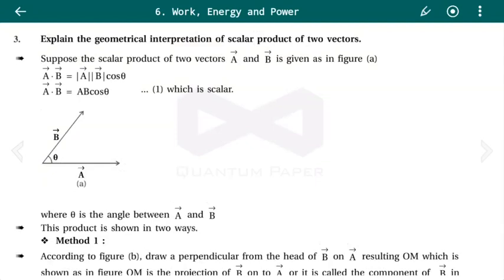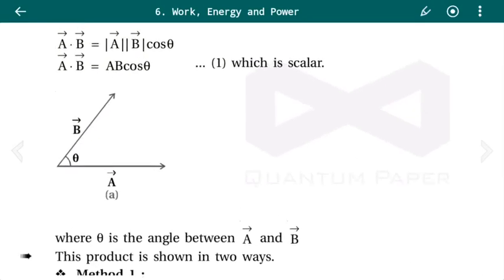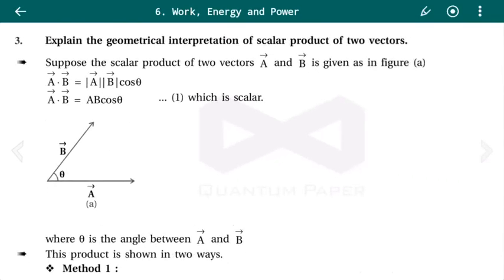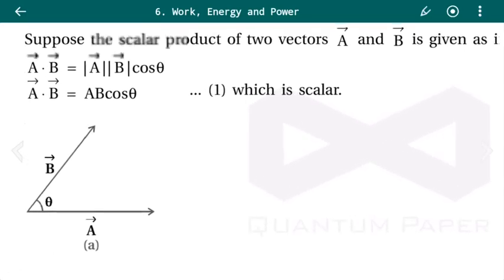Explain the geometrical interpretation of the scalar product of two vectors. Suppose the scalar product of two vectors, vector A and vector B, is given as in figure A. Here in figure A, we have two vectors and the angle theta is between them, that is, theta is the angle between vector A and vector B. Then vector A dot vector B equals modulus of A modulus of B cos theta, or AB cos theta.